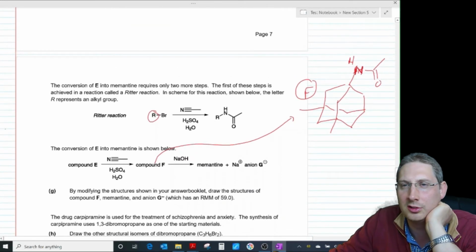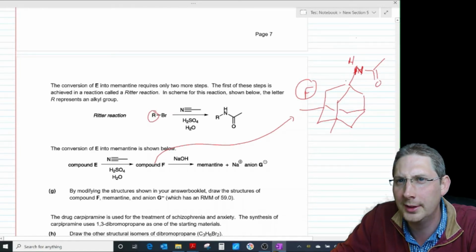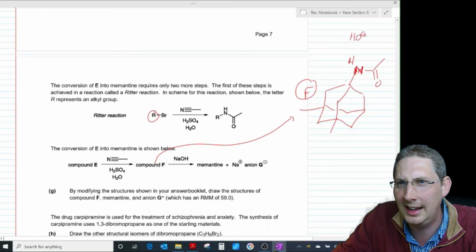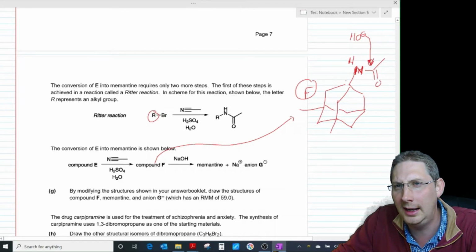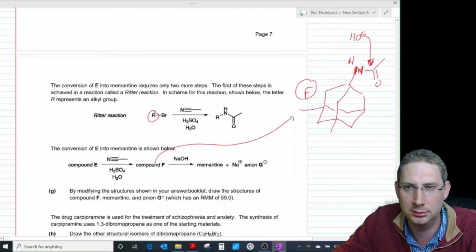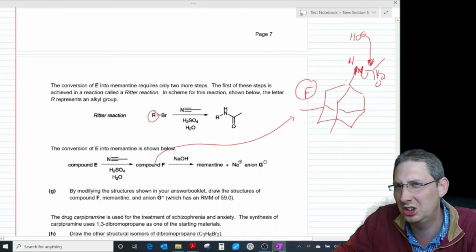So sodium hydroxide, what's that going to do? My best guess is it's going to hydrolyze this amide here. So hydroxide will be attacking the very positive carbon there, kicking that out, where it'll pick up a proton from the water.